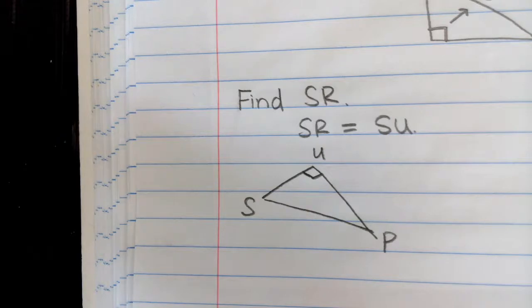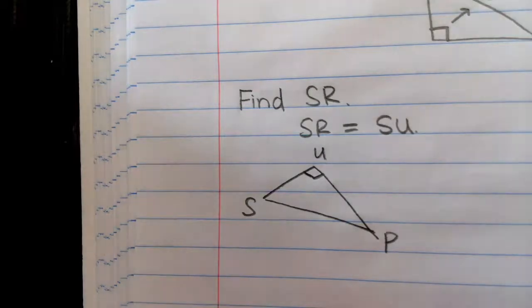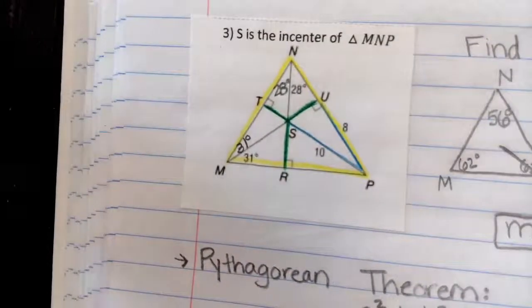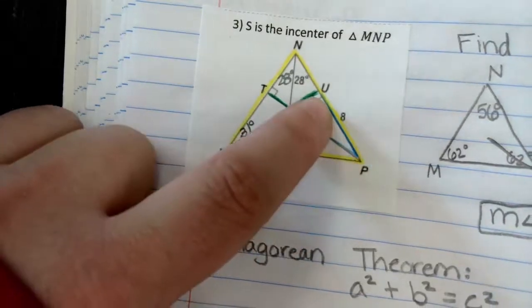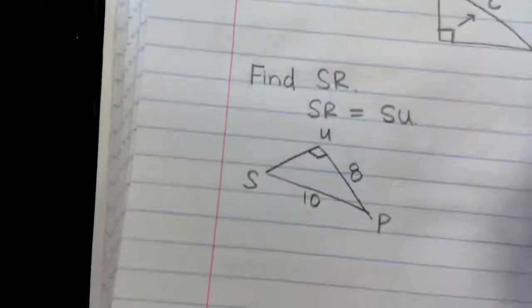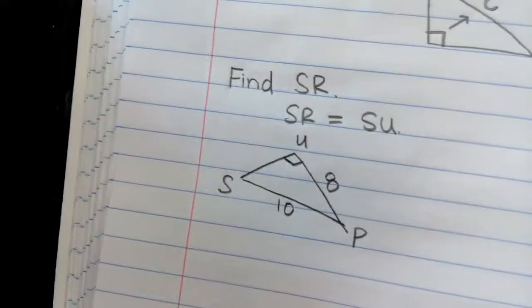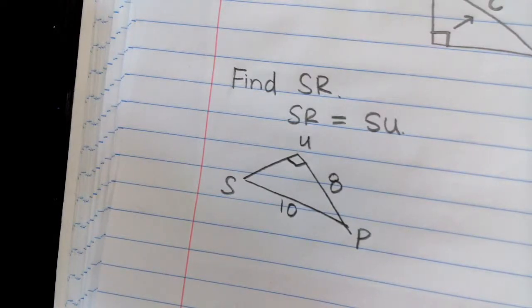That SUP. Okay, and what is S to P? S to P is 10, and U to P is 8. So our goal is if we can find SU, we know that that's going to be the same as SR.